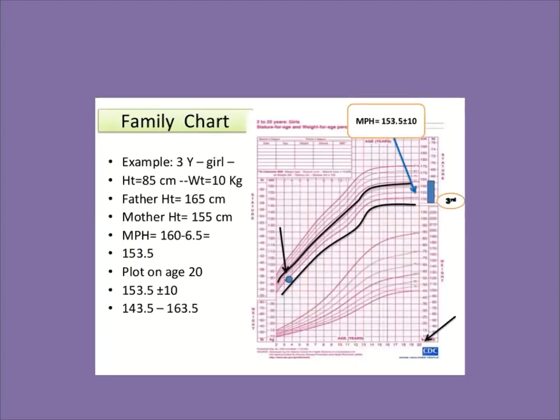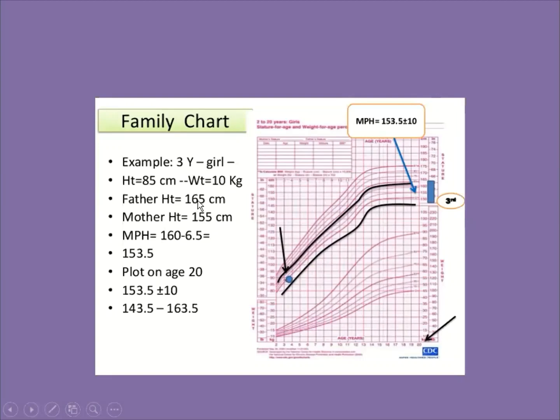Then this is an example of a growth chart of a 3-year-old girl whose height is 85 centimeters. So if you look at this chart, this 85 centimeters for the age of 3 years falls below the 3rd centile. So because of that, they have taken the parents' height, right? So father's 165, mother's 155, and the mean mid-parental height is 160.